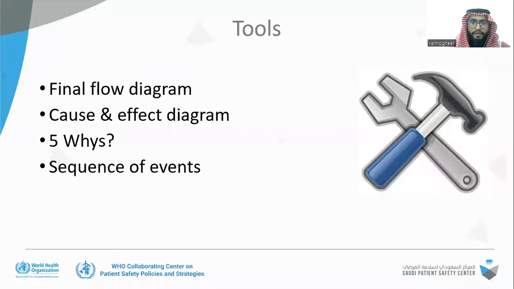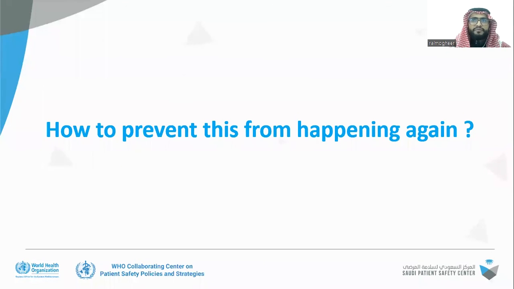So next we have, how do we prevent this from happening again? You can answer in the chat. I see some people answering in the Q&A. You can answer in the chat. It is easier for us to read.